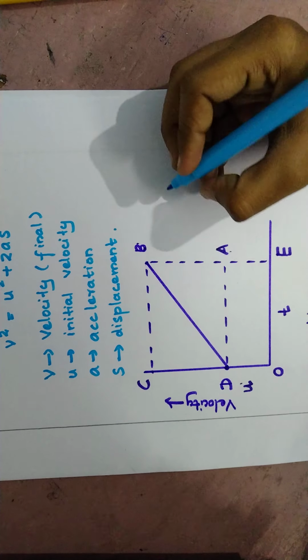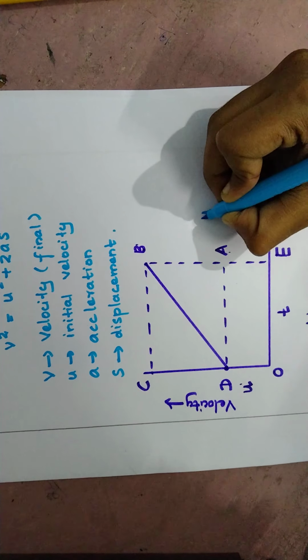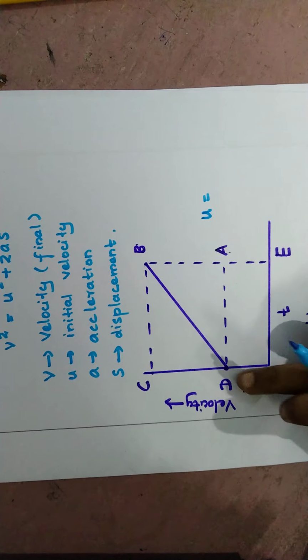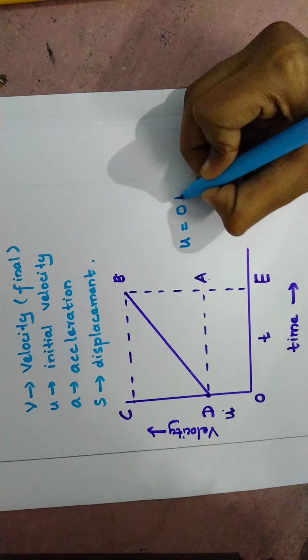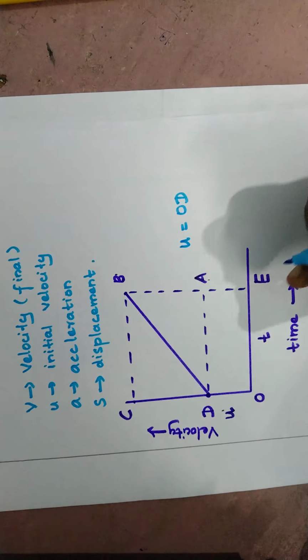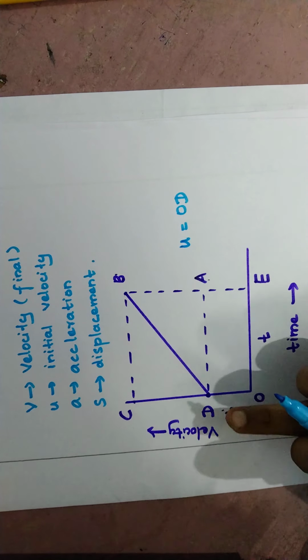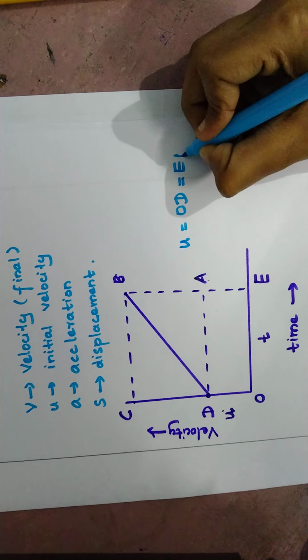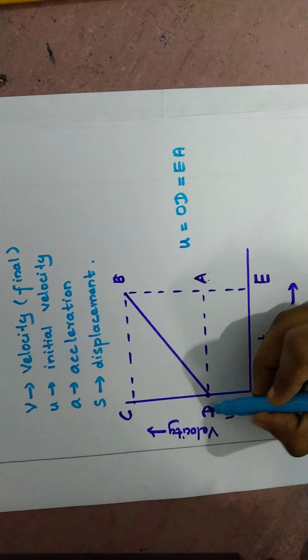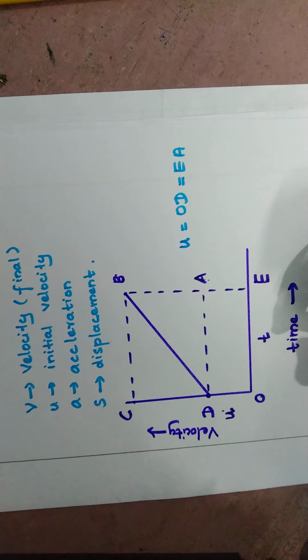For u, u means OD, that is parallel to EA.